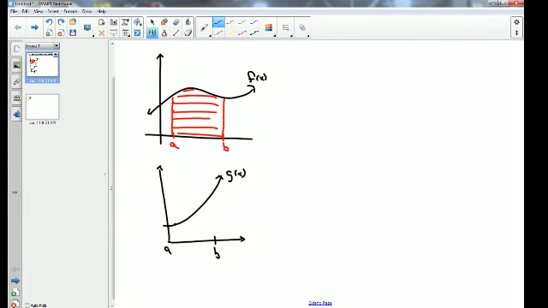If I estimate it with three rectangles, let's say I draw three rectangles under that curve. The left top point of each of those rectangles hits the curve, right?